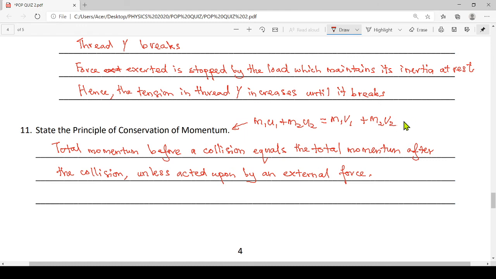Okay, this equation need not be memorized actually. What you need to know by heart is what the principle of conservation of momentum says. It simply says that the total momentum before collision must equal the total momentum after the collision. Simple as that.